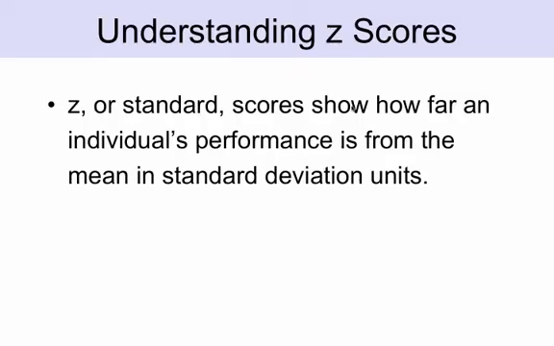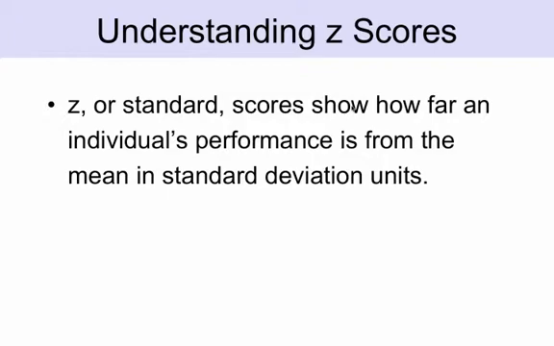So rather than give an individual raw score and then go through an explanation of how one can make sense of that or how to compare that score with the rest of the scores of the group, one could give instead a z-score or a standard score. A z-score, or again called a standard score, will show how far an individual's performance is from the mean in standard deviation units.